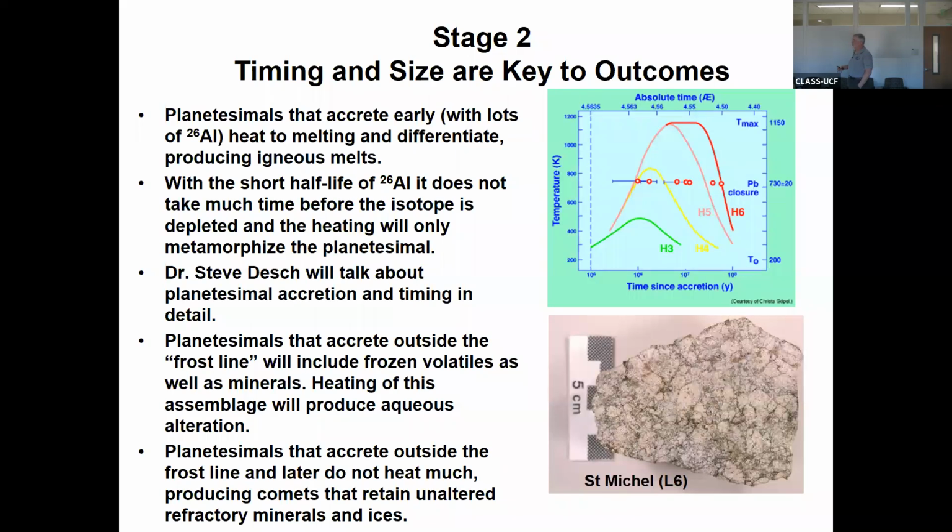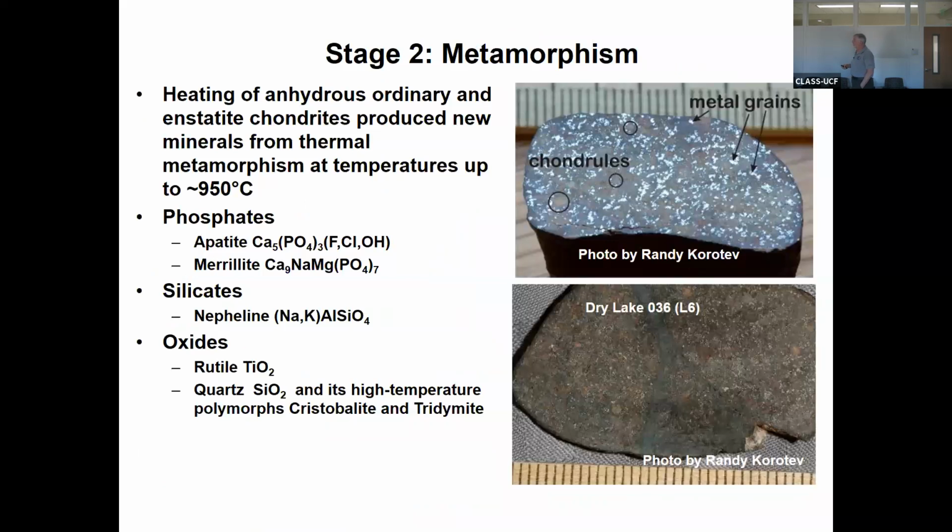And so you're going to produce things like comets, which have unaltered high temperature minerals and ices sitting right next to each other. So the heating of anhydrous material, like ordinary and enstatite chondrites, produces new minerals by thermal metamorphism. And 950C is kind of an arbitrary number, but that's basically the start of the liquidus. That is the melting points for the iron assemblages that you have in these meteorites.